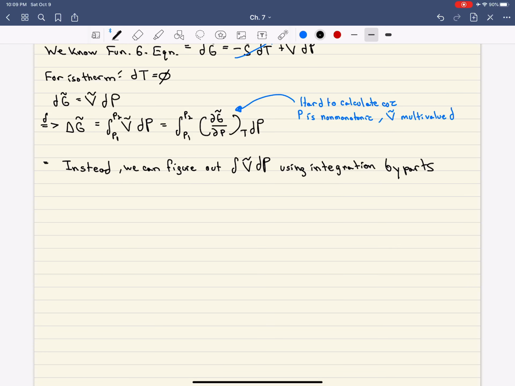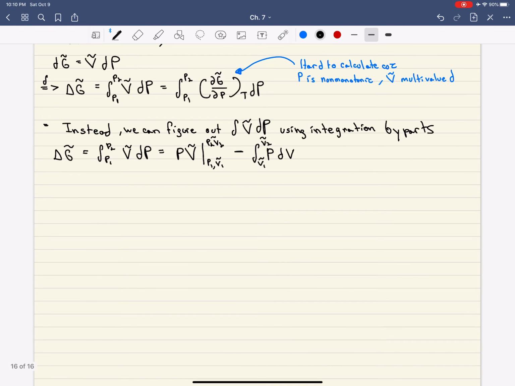And so if you remember from calculus, if you're trying to integrate V dP, that's the same thing as saying that you have PV evaluated at some P1, V1, P2, V2, okay, minus the integral of P dV from V1 to V2. Okay?